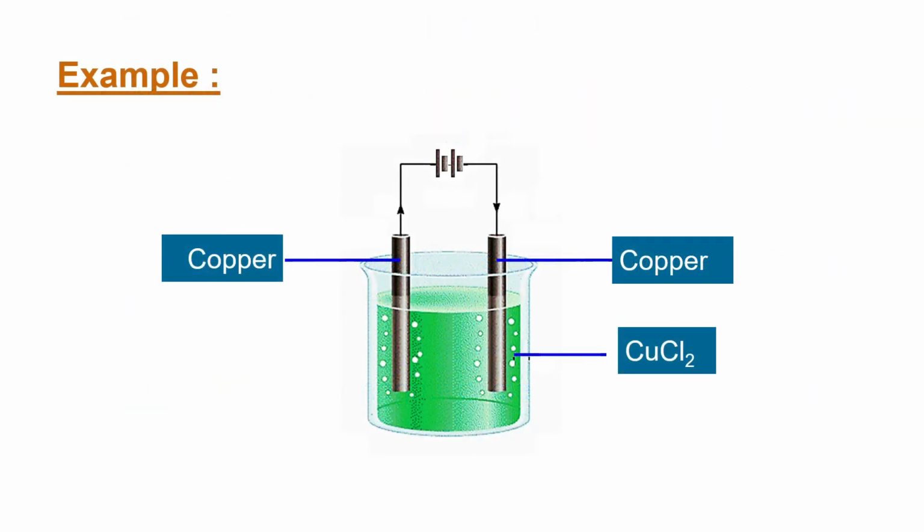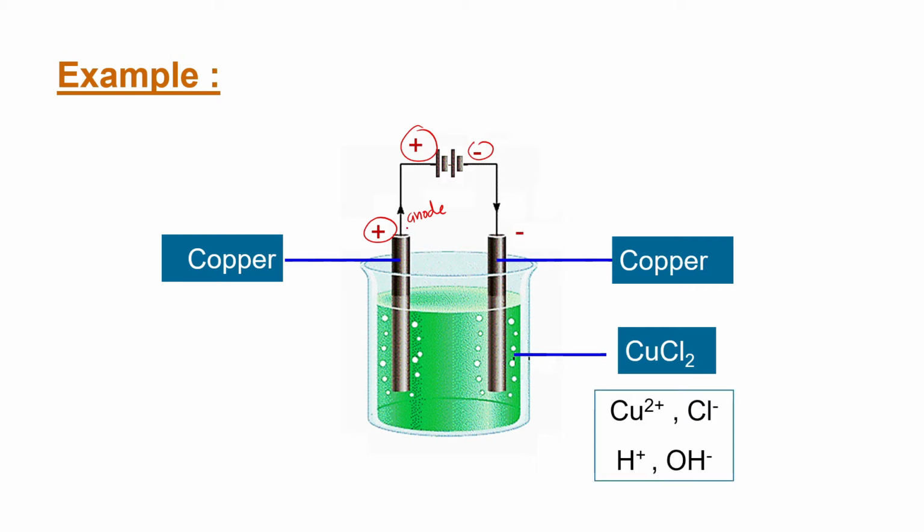Okay, for example, this one is an active electrode, copper as anode and cathode. The positive terminal of the battery connects with the anode, and the negative terminal of the battery connects with the cathode. So, if we look at the flow of electrons, it is from anode to cathode.